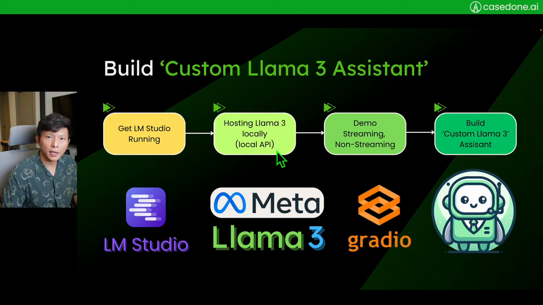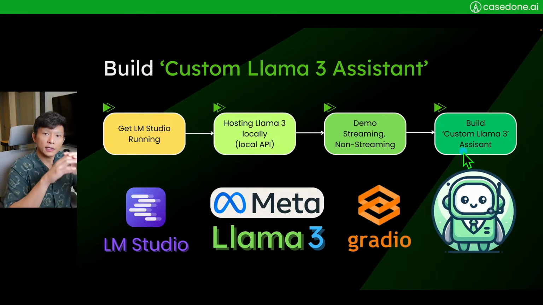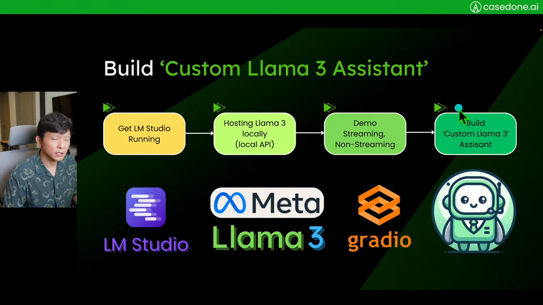Basically open a local API, then you create a demo. You can copy a code template from LM Studio, and you can quickly come up with working apps, whether it's a streaming response or non-streaming. And essentially, with a system prompt, you can now build your custom Llama 3 assistant. This is similar to how ChatGPT's My Custom GPT works, but now you have the ability to create that yourself with $0, for free.